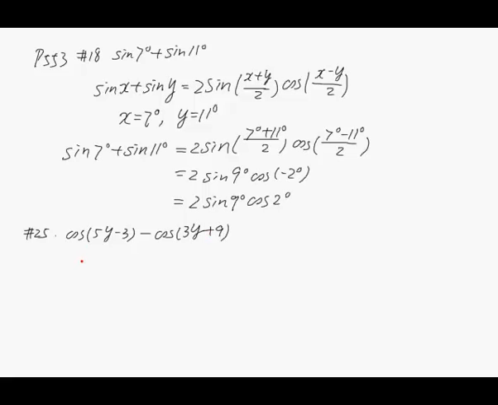So we have this identity, cosine of a minus cosine of b. Here I use a and b to differentiate them from the y here. This is equal to negative 2 times sine of (a plus b) over 2 times sine of (a minus b) over 2. Oh, sorry, I should use a and b.